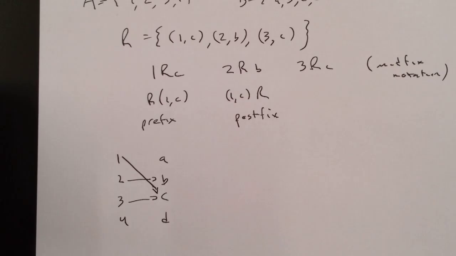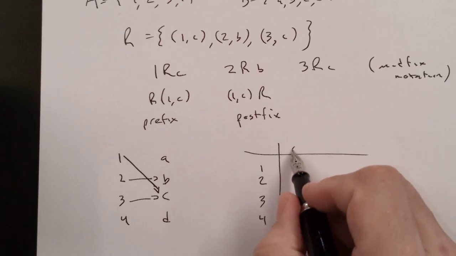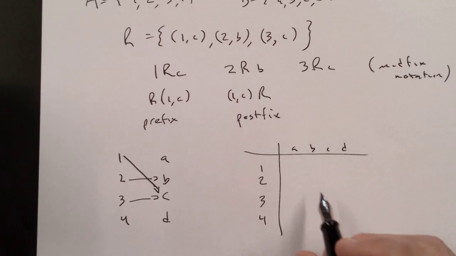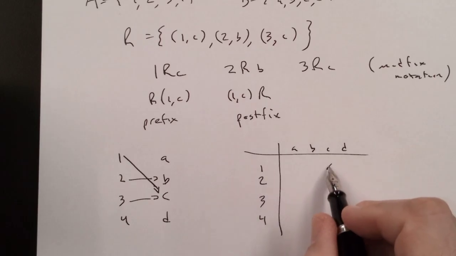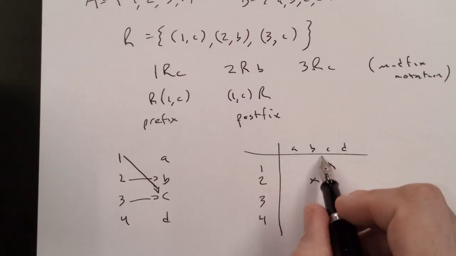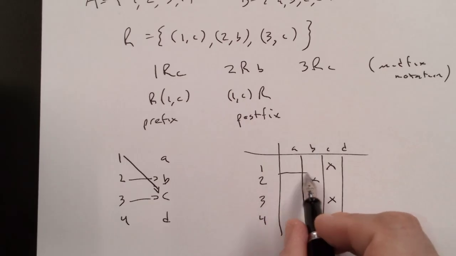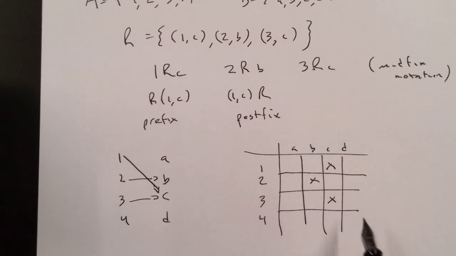I could make an ordered pair chart. 1 is related to c, 2 is related to b, 3 is related to c. I suppose if I really want to make it look professionalish, I should make a grid here to pick from. Make sense?